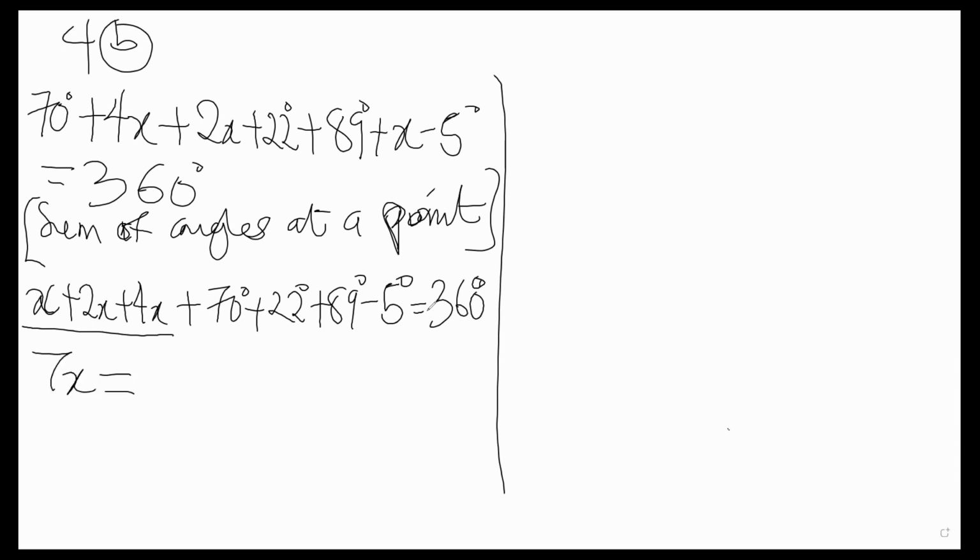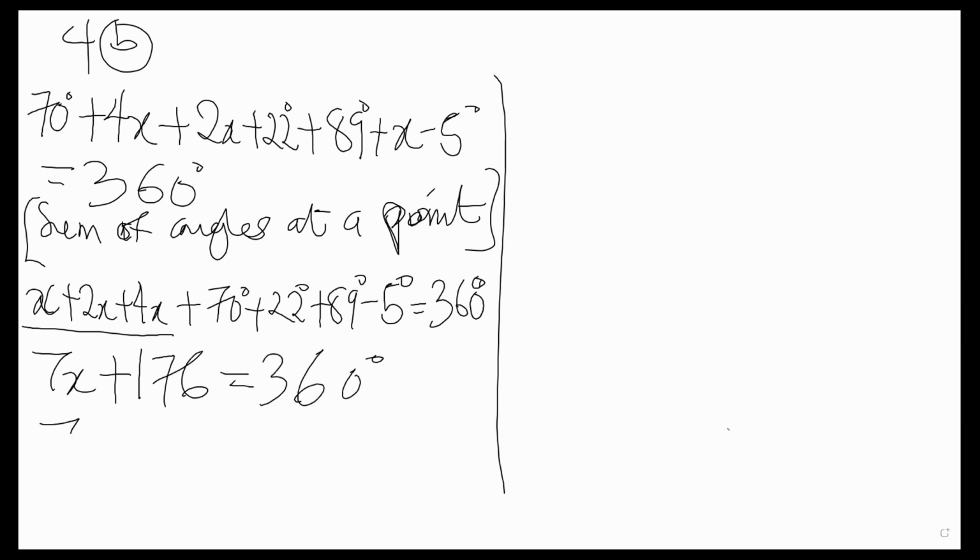Let's add up 70 plus 22 plus 89 minus 5, which is 176, equal to 360 degrees.